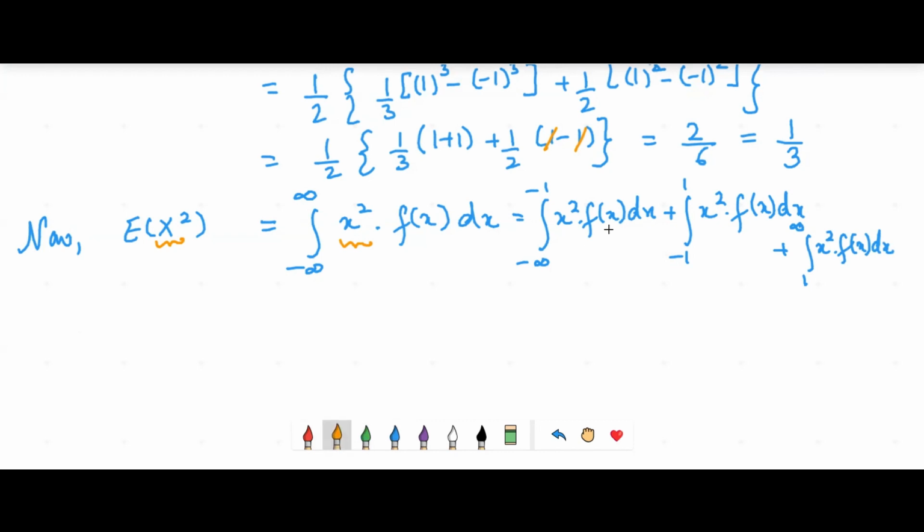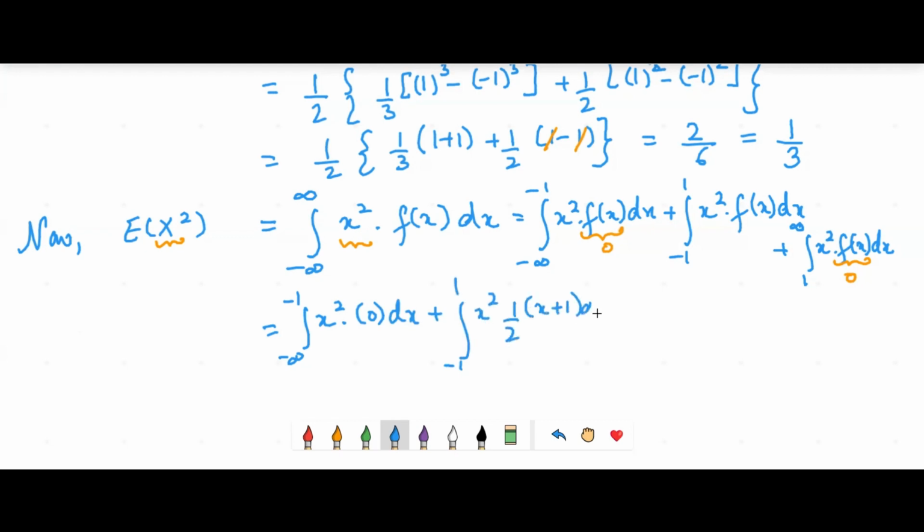So again, here f(x) is 0. Here also f(x) is 0. So substituting the values, from -1 to 1, f(x) is half of (x plus 1).